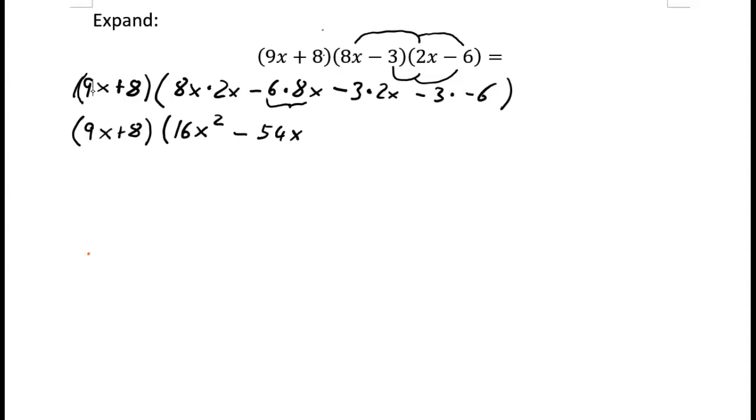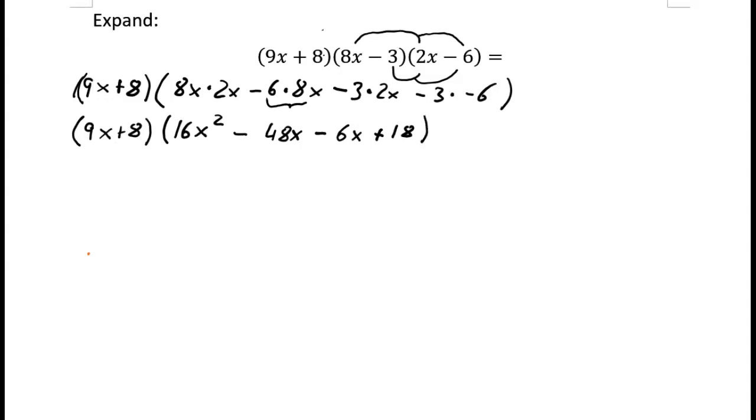Sorry, 48x should read. 6 times 8 is 48x. Minus 3 times 2x, that gives us minus 6x. Minus 3 times minus 6, that gives us plus 18.